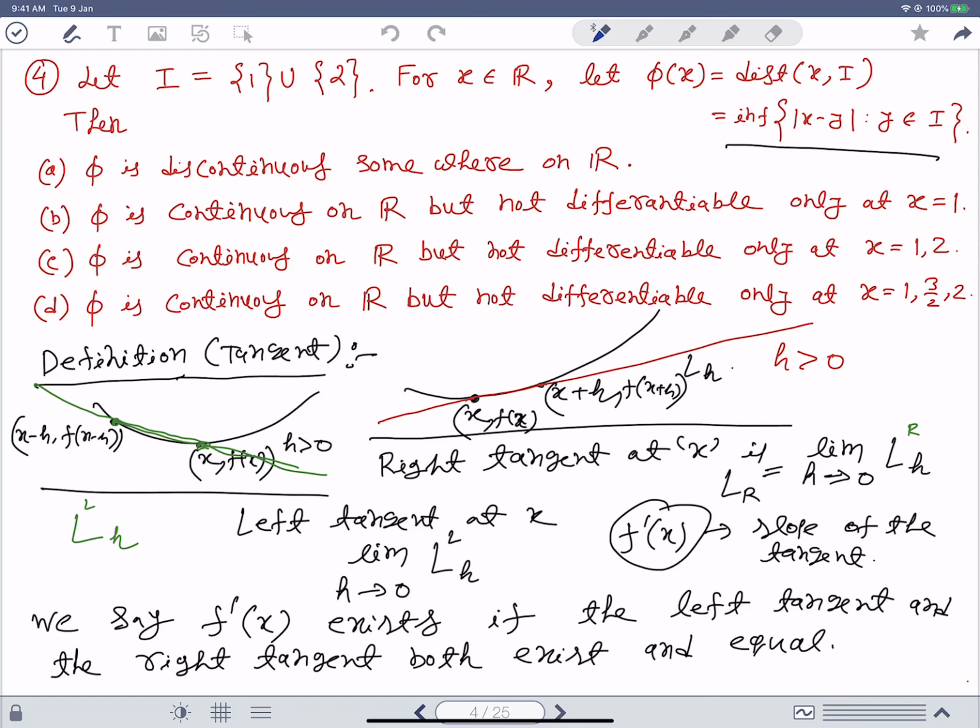If you just apply this definition, we can split the whole domain into a few parts. If you take any x less than 1, since we are taking the infimum, we take only 1, not 2, because that is the lower distance.